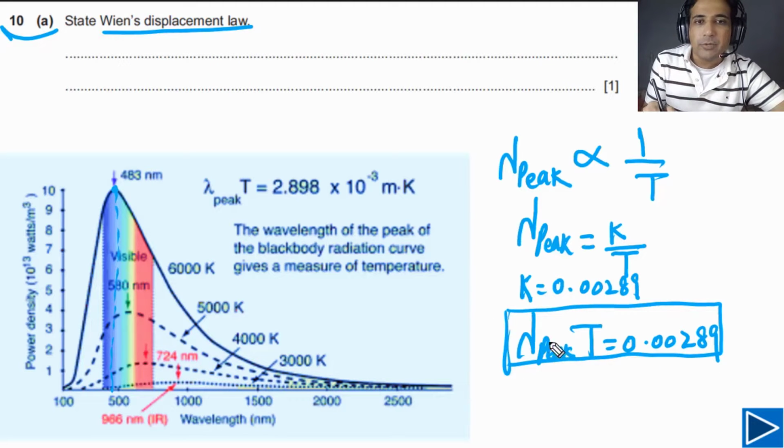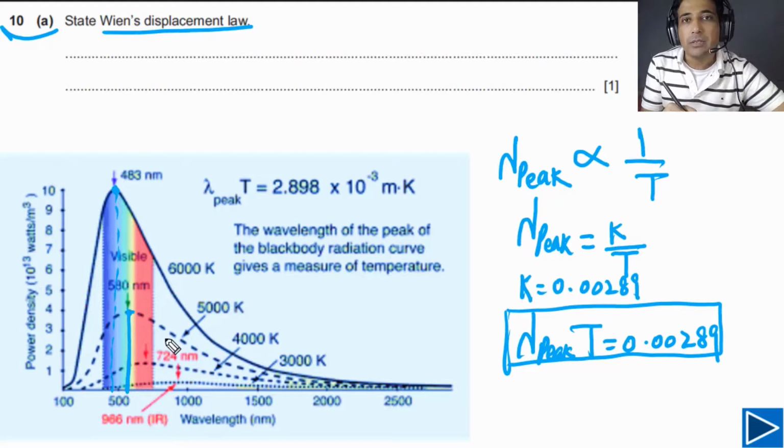So you have to be very clear about lambda peak. This is the value of the wavelength at this peak. For example, in this case, this value is lambda peak. Wavelength of maximum intensity means you have to find the value of the wavelength where intensity is maximum, and that is called lambda peak.